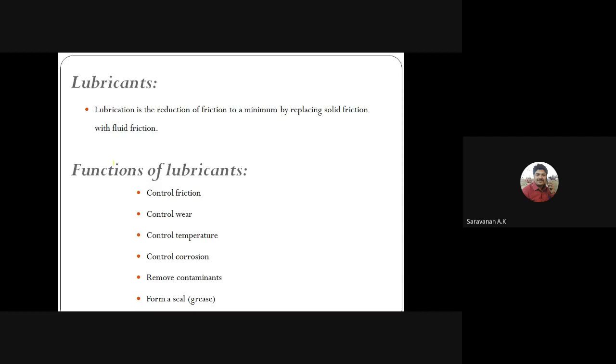Most lubricants may be fluid, either a liquid or a gas, right? So that medium of fluid conversion is called the lubricant, right?